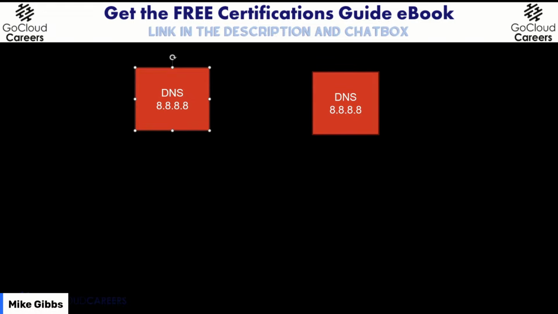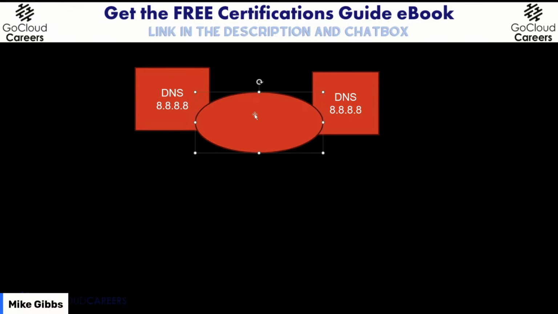So let's say we've got the internet over here. I can't seem to find the cloud that I'm looking for, so I'm going to make a big circle for the internet. Let's say this entire thing over here is the internet. And this is why Anycast is so cool.